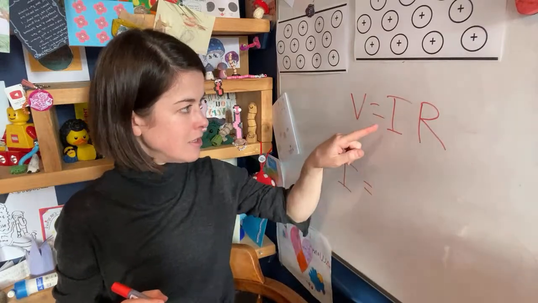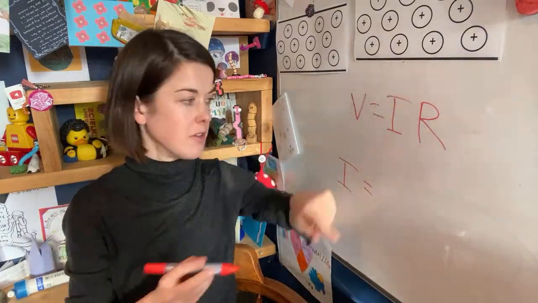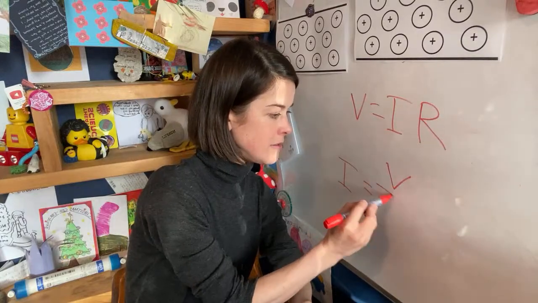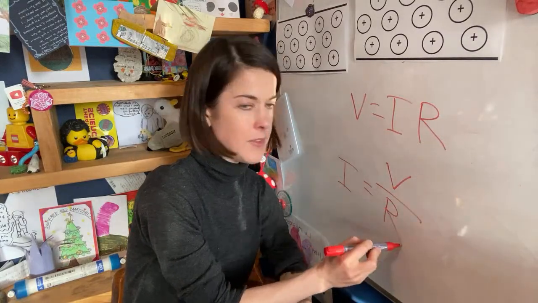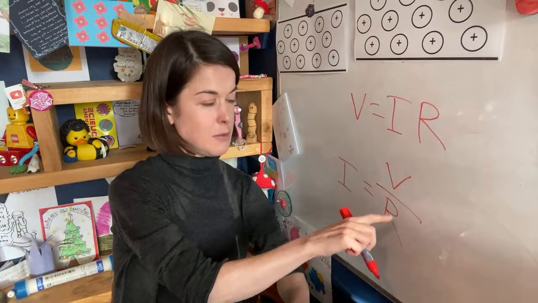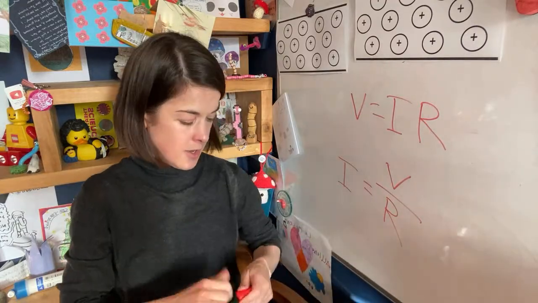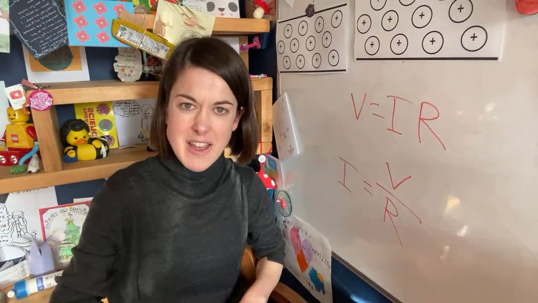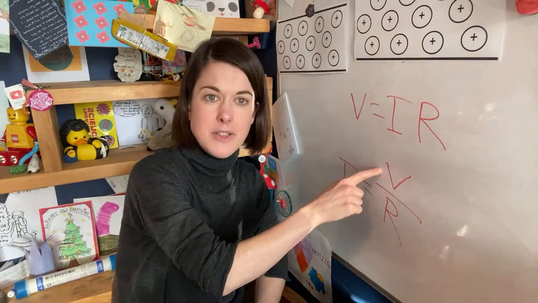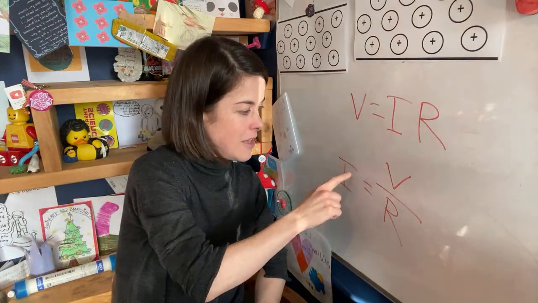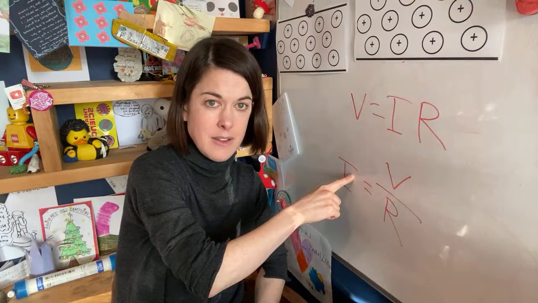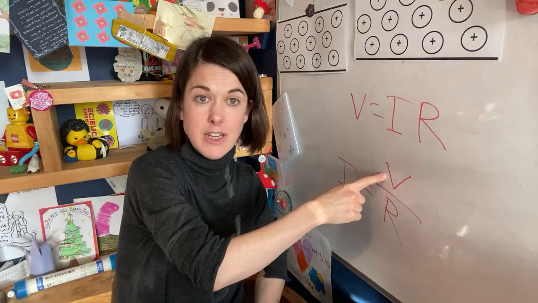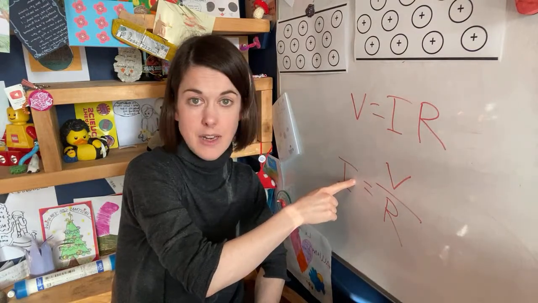So if we rearrange that equation, put the V on top, I think it's probably better written like that. Current equals voltage divided by resistance. So you know about dividing, don't you? If this number's really big, then this number gets really big. So if voltage is really high, then current gets really high as well.